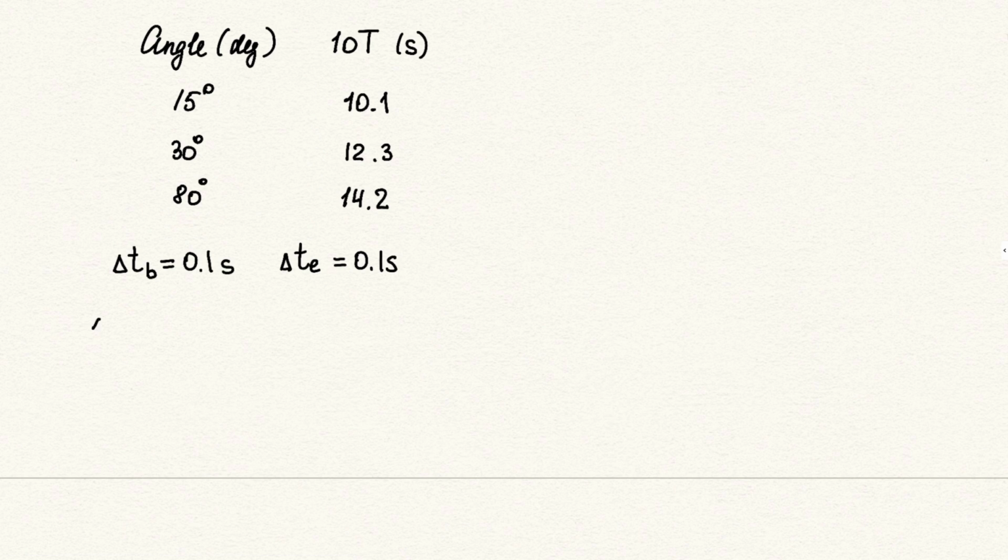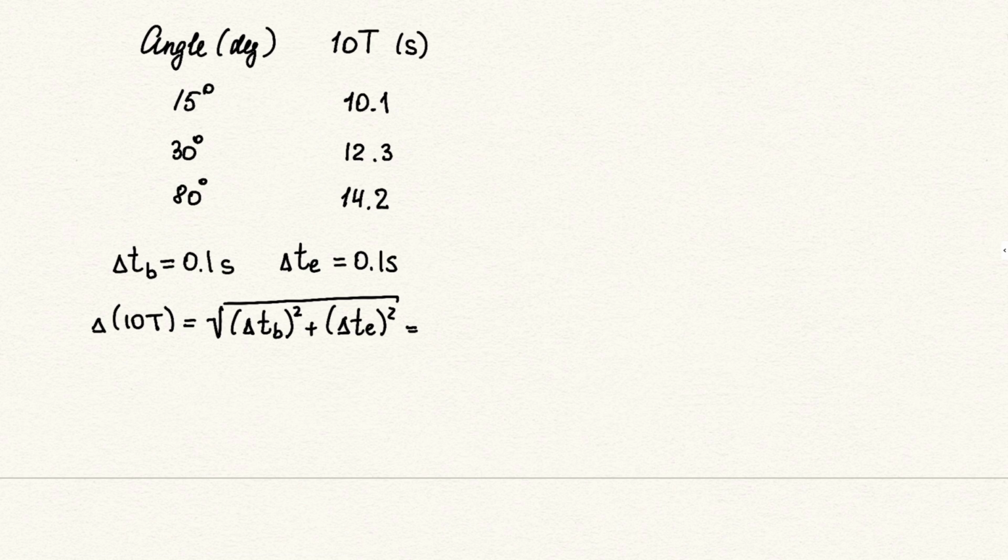So then the uncertainty in the measurement of 10 periods is going to be a square root of uncertainty in measurement at the beginning squared plus the uncertainty at the measurement at the end squared.